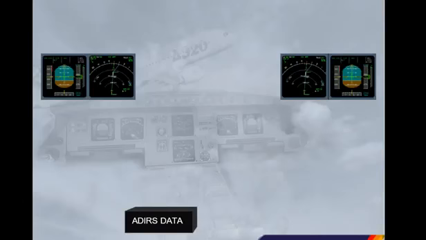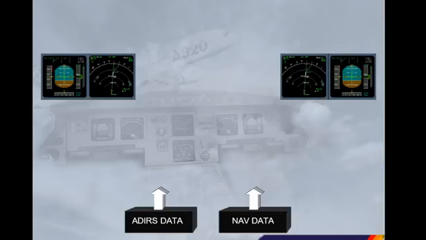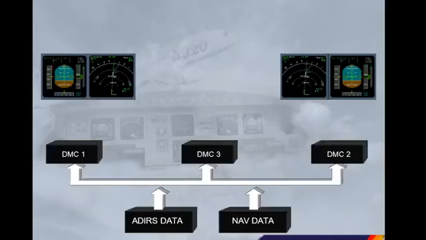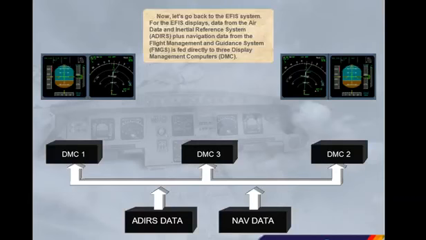Now let's go back to the EIS system. For the EIS displays, data from the Air Data and Inertial Reference System, ADIRS, plus navigation data from the Flight Management and Guidance System, FMGS, is fed directly to three display management computers, DMC.